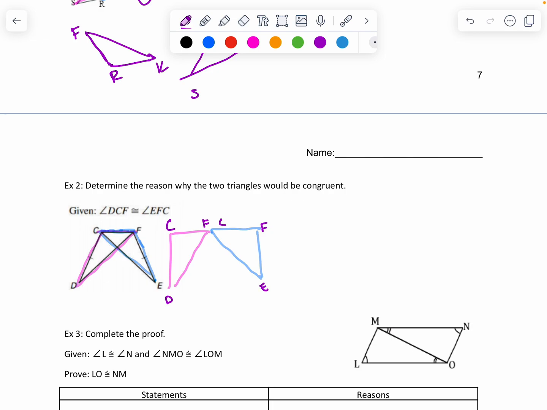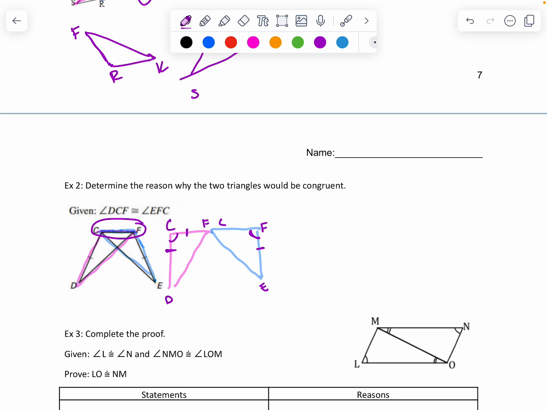So on the pink triangle, and I should have drawn them a little further apart, my fault. We can see on the pink triangle, DC is congruent to FE. And if you look at our given information, we know that DCF is congruent to EFC. Now, the overlap. I can see that CF here is overlapped.